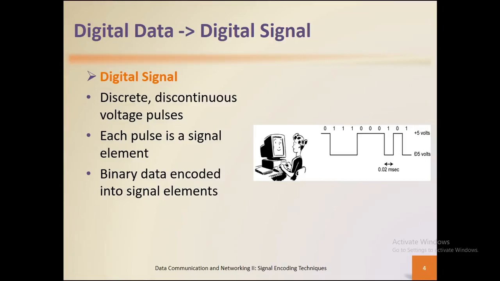The analog, on the other hand, has a continuous electrical signal pulse with time as a varying feature.